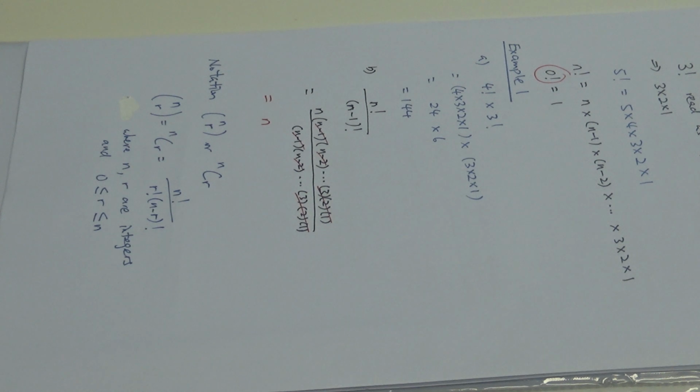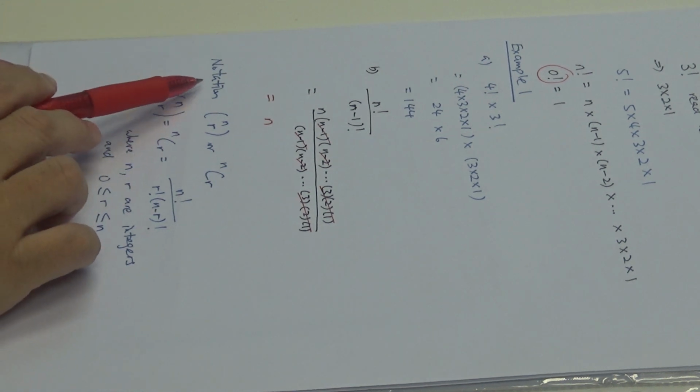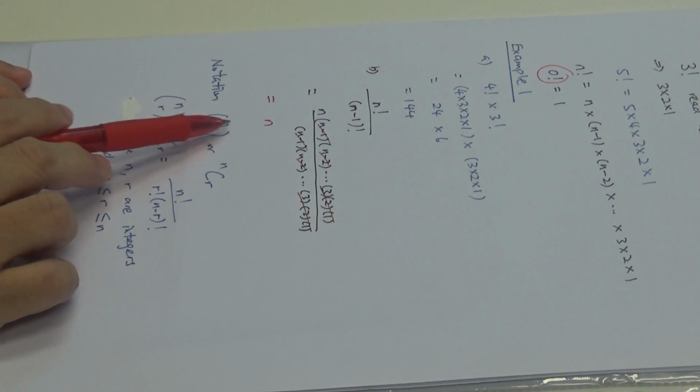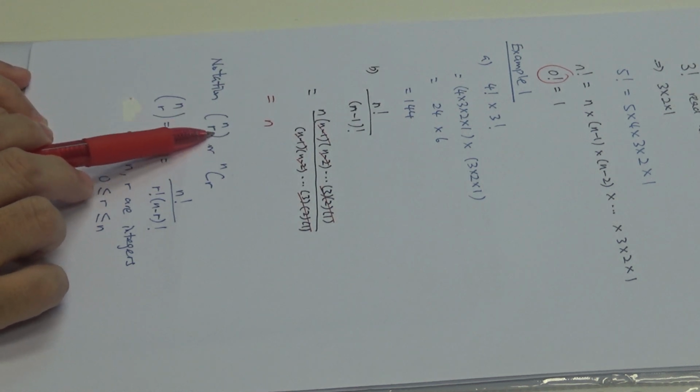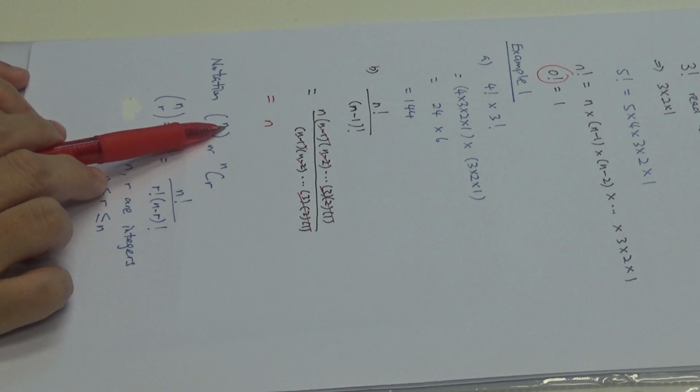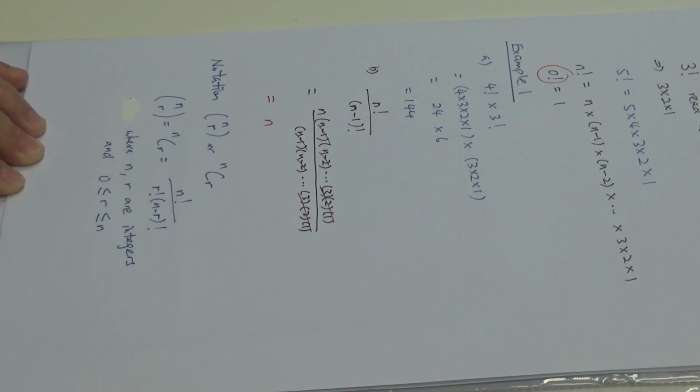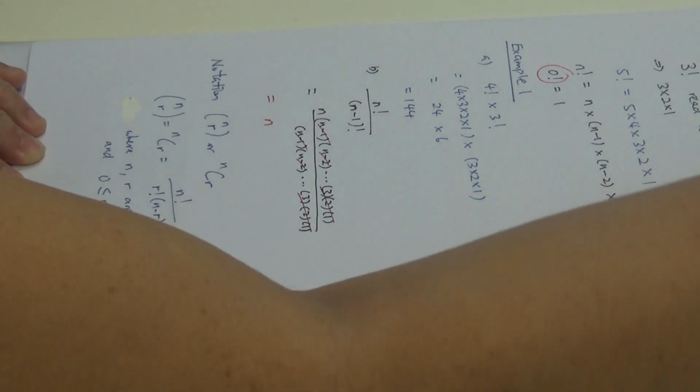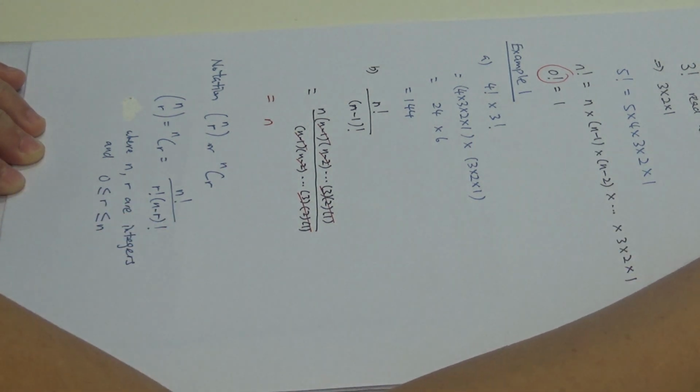Now there's a notation that we have to learn. The notation is a bracket with n on top and r below. This is read as n choose r, and it can be found on page 138.